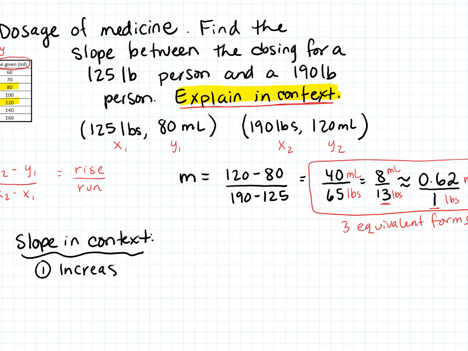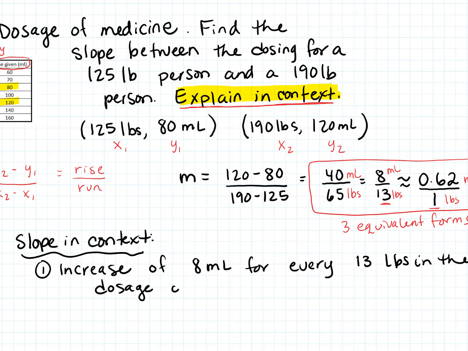It's positive, so we have to have some sort of word about whether this is an increasing slope or a decreasing slope. So it's an increase of 8 milliliters for every 13 pounds. The dosing should increase, I should say, an increase of 8 milliliters for every 13 pounds in the dosage of the medicine.